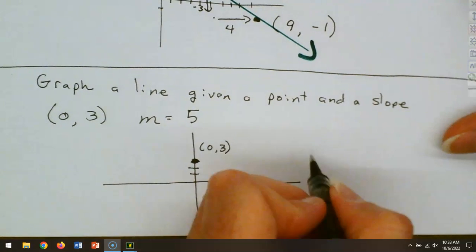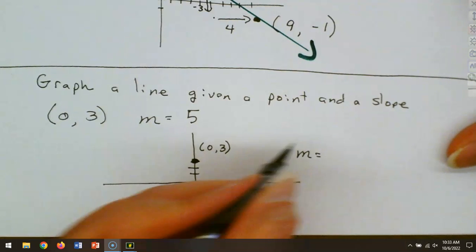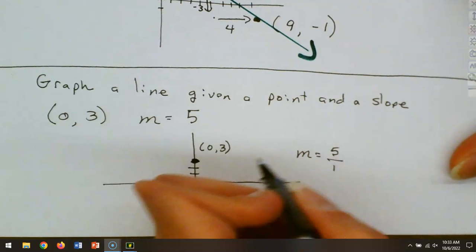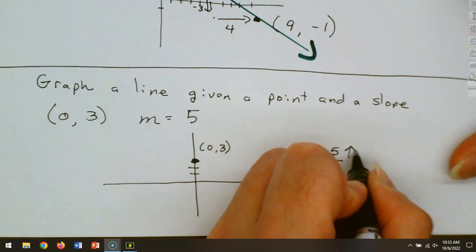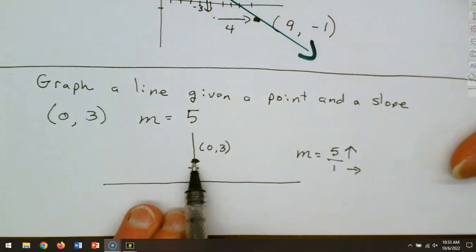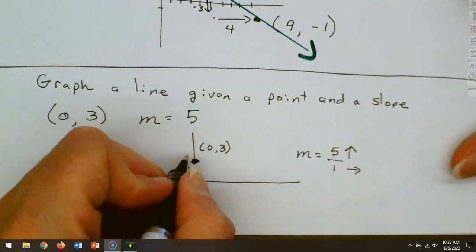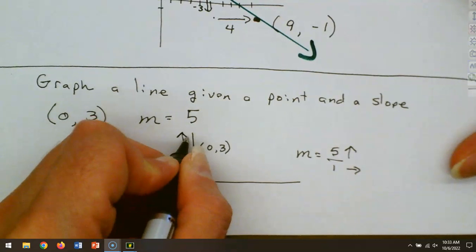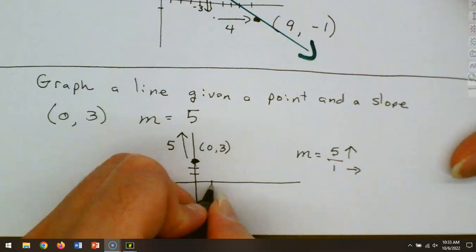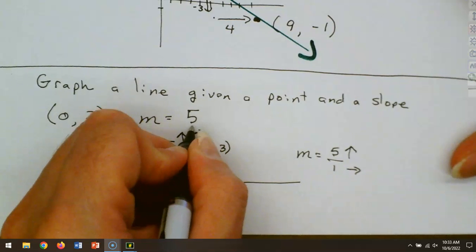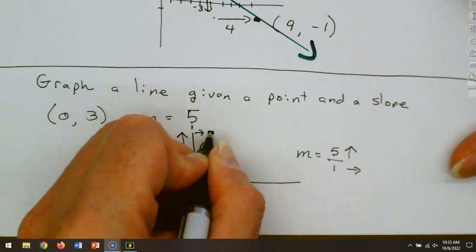Now, what is my slope? M. Okay, M is 5, and I'm going to write this as 5 over 1. So, from my point right here, I've got to go 5 units up and 1 unit over. And that makes my new dot.